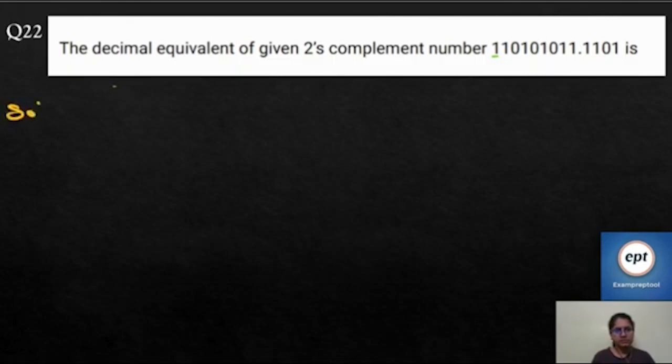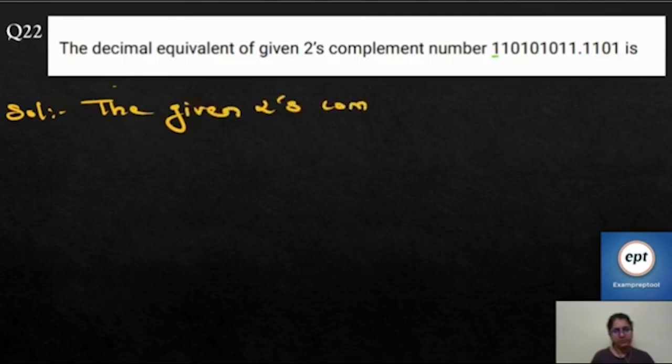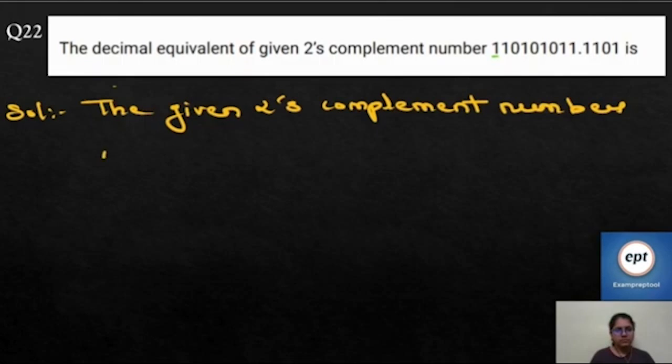Okay, so let's write the solution. The given 2's complement number is 1 1 0 1 0 1 0 1 1.1101. So this is given.